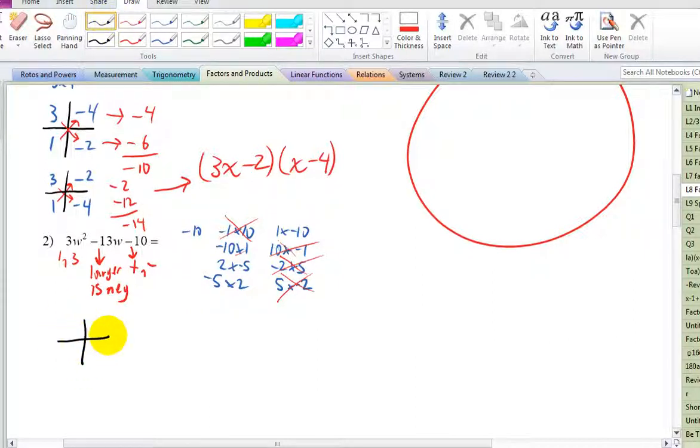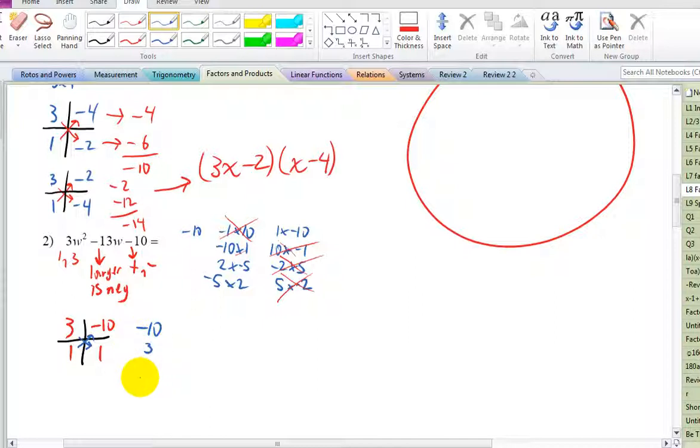So, here's our box. 3 and 1. Okay. Which ones do you want to try? Austin, pick, guess. Okay, negative 10 and 1. Cross multiply. This would give you negative 10.